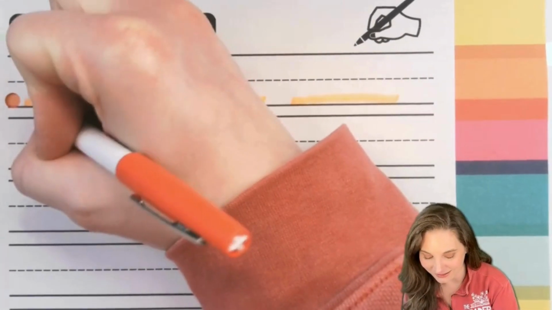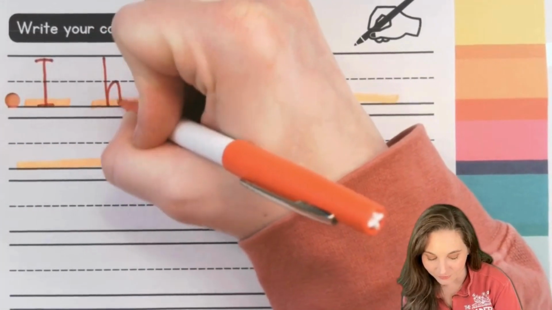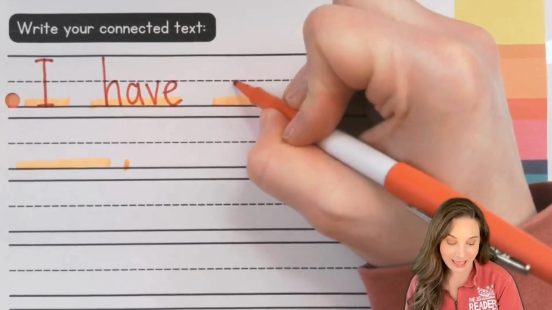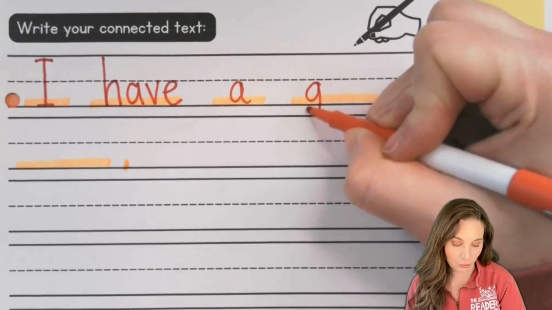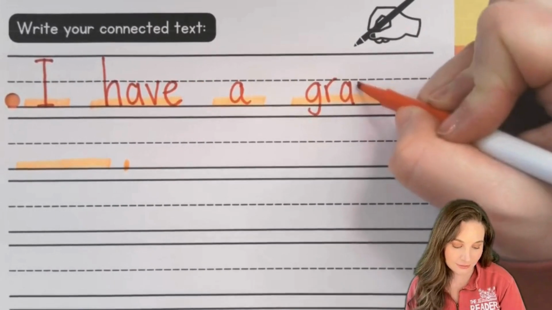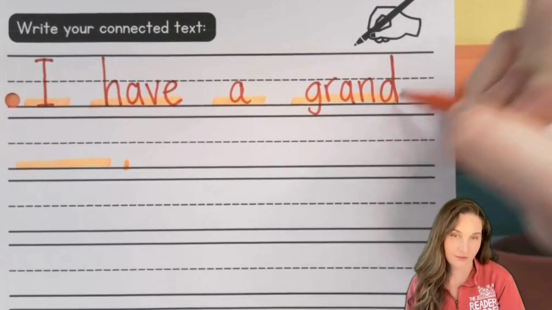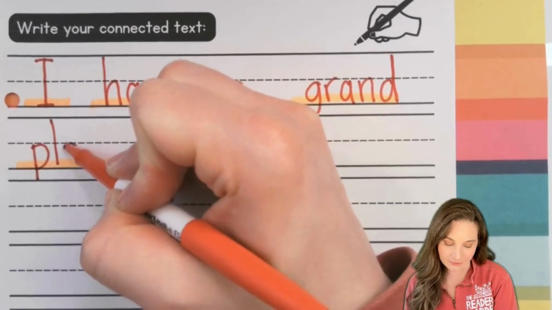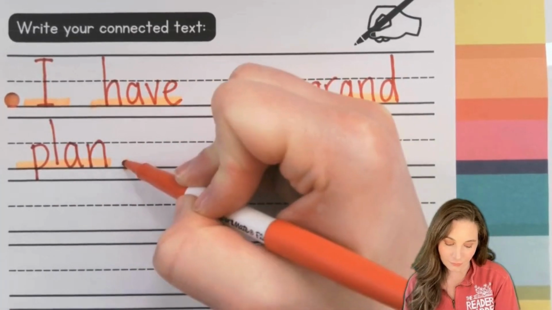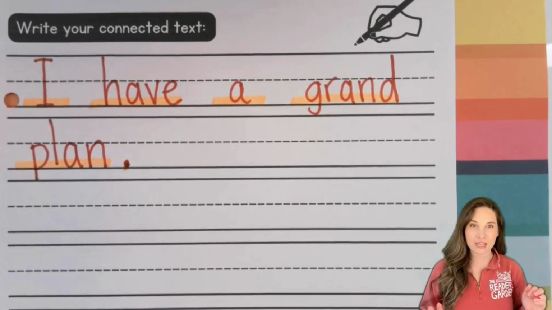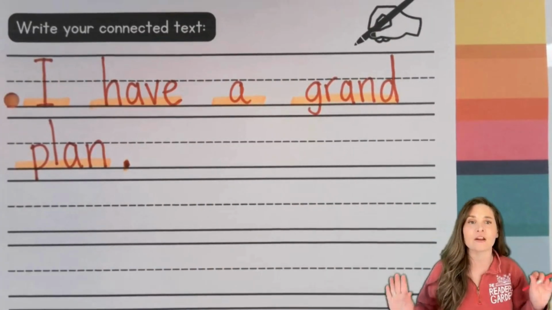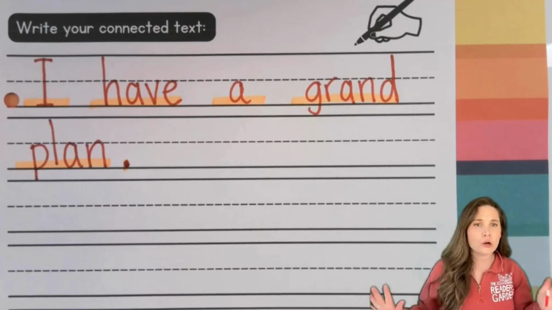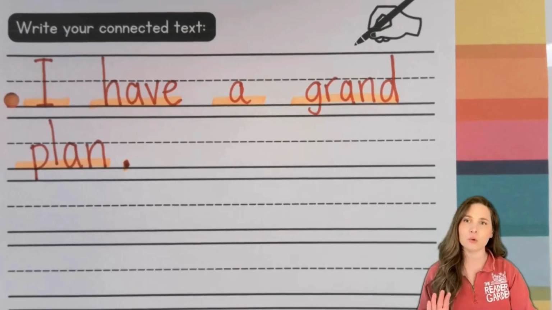I have a grand plan. Period. That's something people say when they have like a big idea. Like, don't worry about this. I've got a grand plan. We are going to like make the world's biggest snowman. So don't even worry about it.